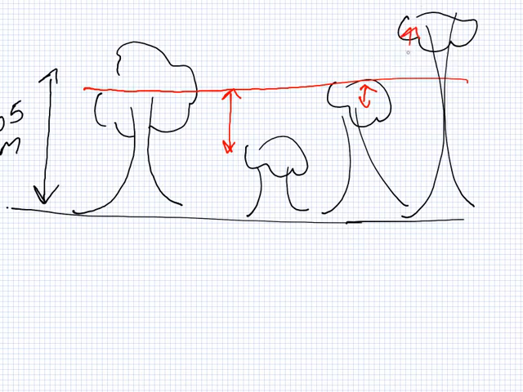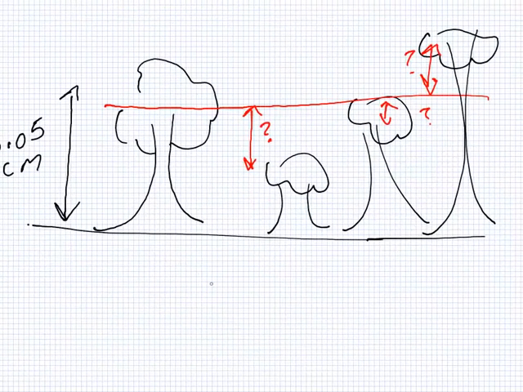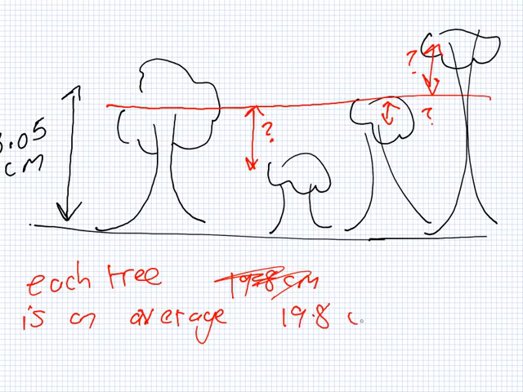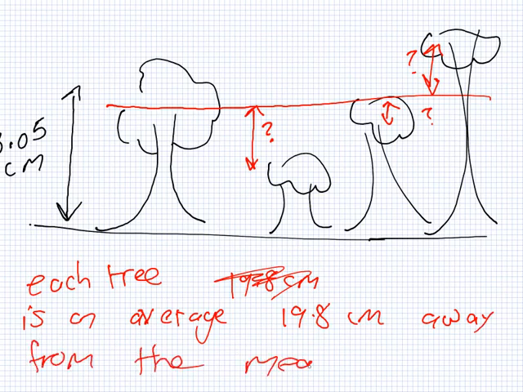There's a difference here. If you were to get the average of these numbers, it will be 19.8 centimeters. So it's like saying each tree is on average 19.8 centimeters away from the mean average.